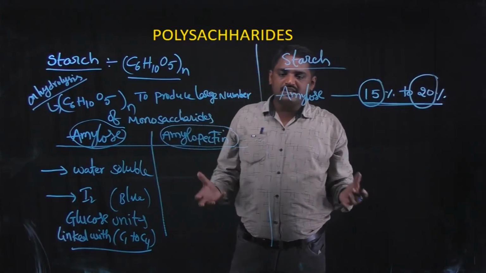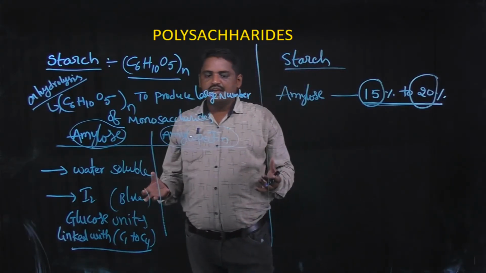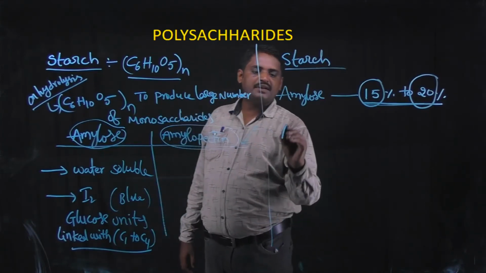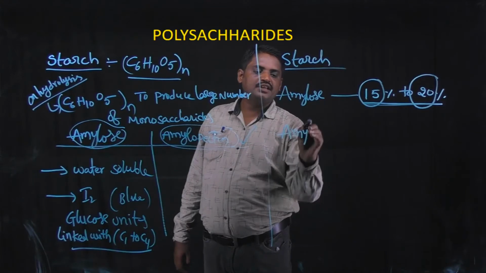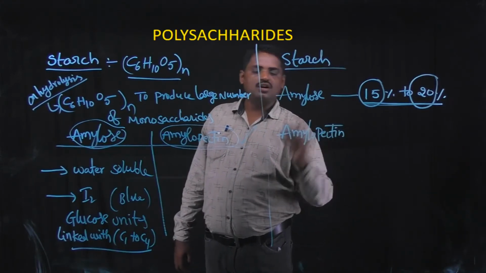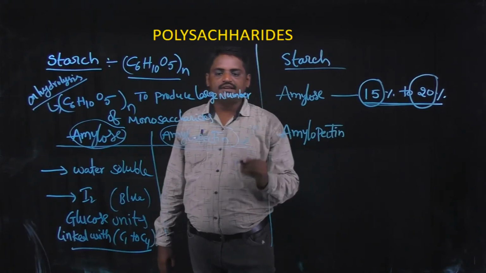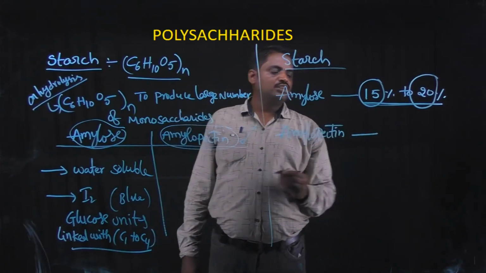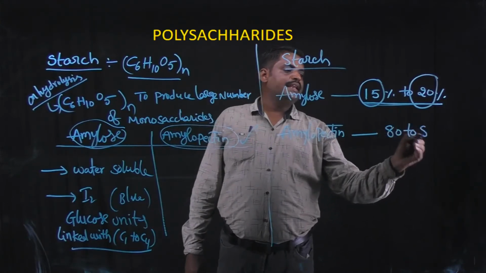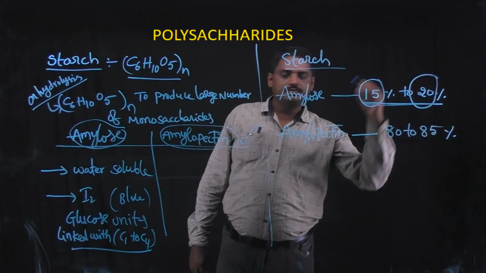And the remaining percentage contains amylopectin, which means the percentage of amylopectin in starch is 80 to 85%.